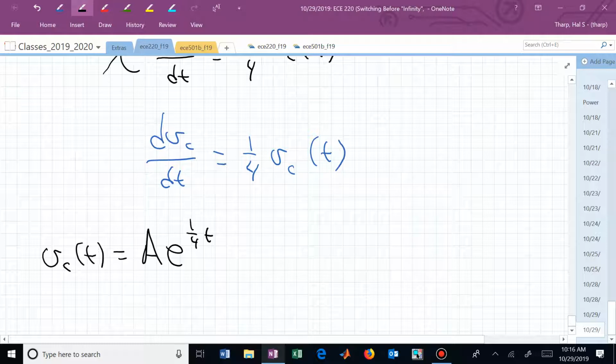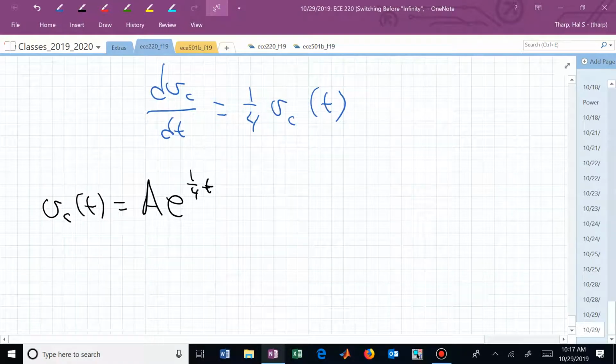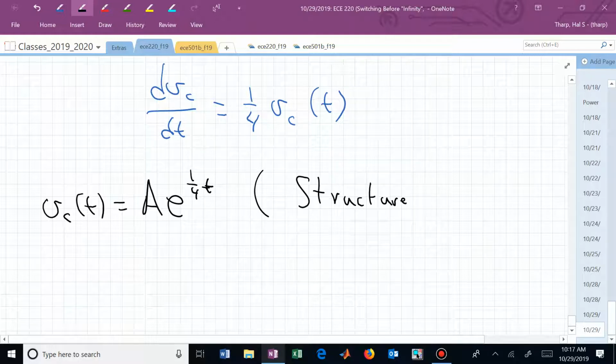We know if we differentiate e to the 1/4 t, that 1/4 will pop out and give us what we want, knowing our calculus. So this is now the structure of our homogeneous solution.